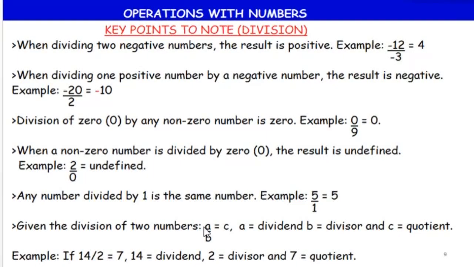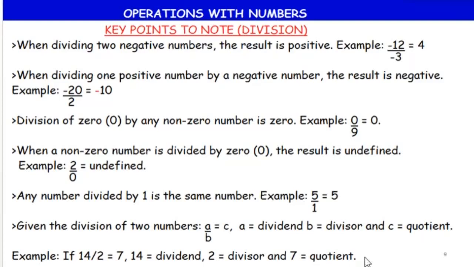The dividend is the numerator. We call the denominator the divisor, so the number that is dividing the numerator is known as the divisor. And the result of dividing the dividend by the divisor is what we call the quotient.